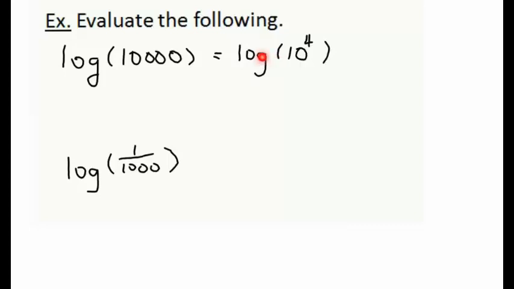Now remember that if the base of our logarithm and the base of the power inside of our logarithm are the same, then they're going to undo each other and leave us with whatever the power is, and that is the number 4. Next, let's take a look at log of 1 over 1,000. We can rewrite this as log of 10 to the negative 3, in which case we're going to get a final numerical answer here of negative 3.